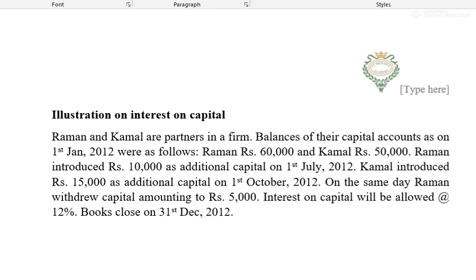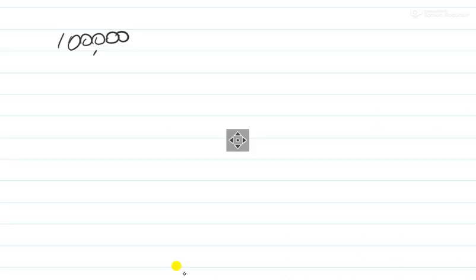The next illustration for today is on interest on capital, which I was previously talking about: what do we have to do if a partner introduces or withdraws capital in between the year. Suppose a partner starts his year with a capital of 1 lakh and he introduces 50,000 into the business in the middle of the year. He is entitled to receive interest on his capital.